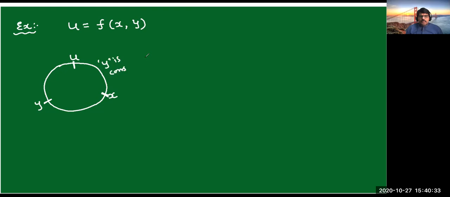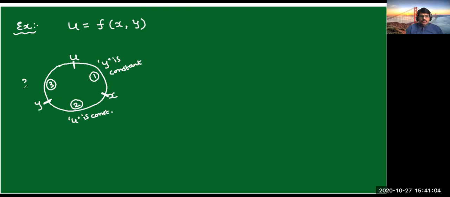When you are moving from state 2 to the next state, u is constant, and this is step 3. When you are moving from this state back to the first, x is constant.